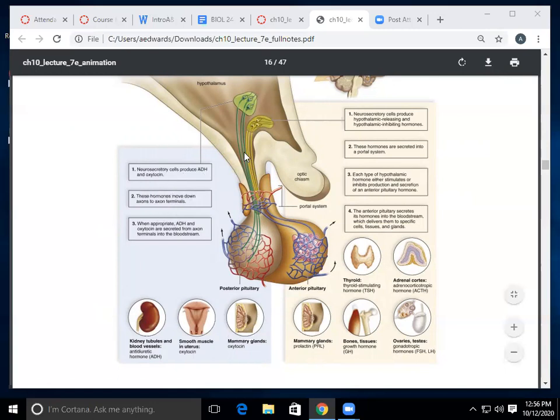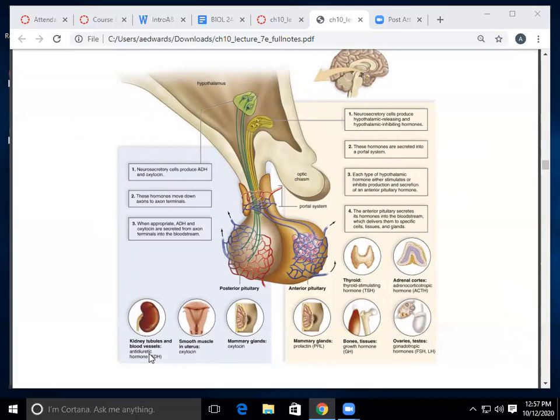The hormones move down the axons to the axon terminals, and then when it's necessary, the ADH and oxytocin get released from the axon terminals down into the bloodstream. You see how these axon terminals meet up with the capillaries? Okay, so they can release those hormones.